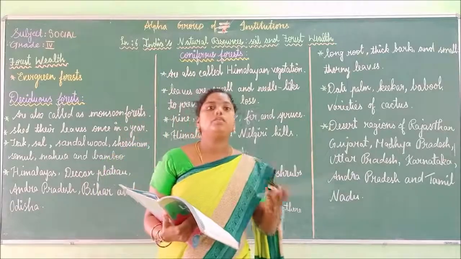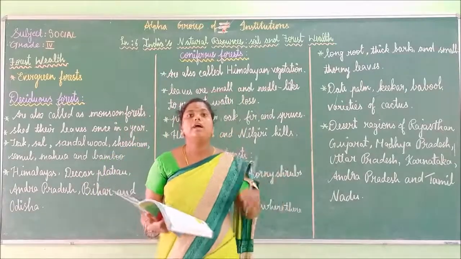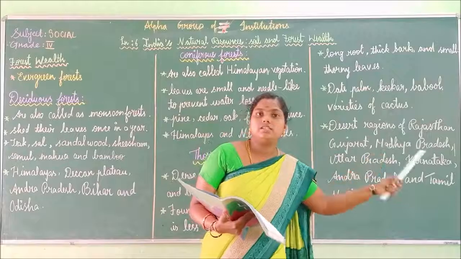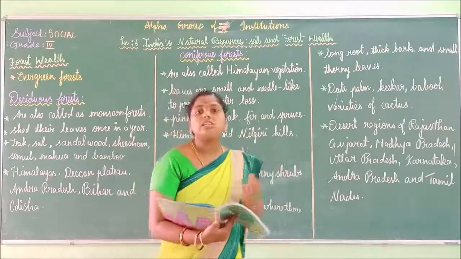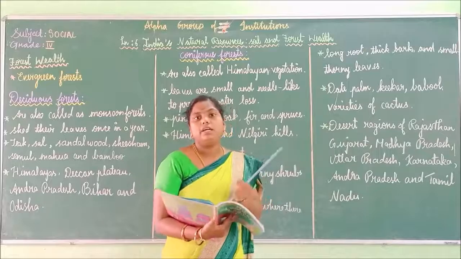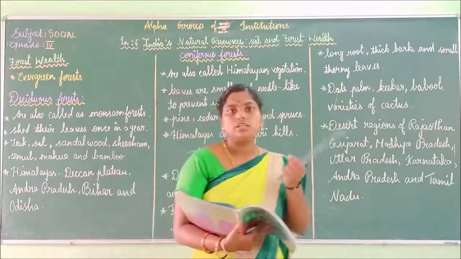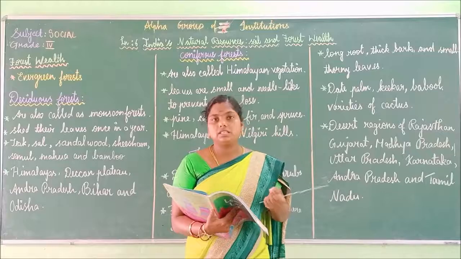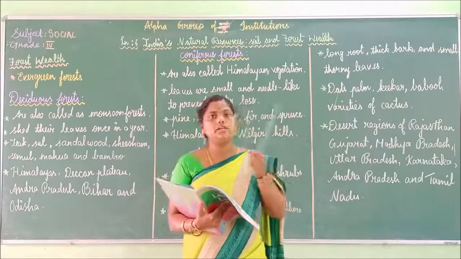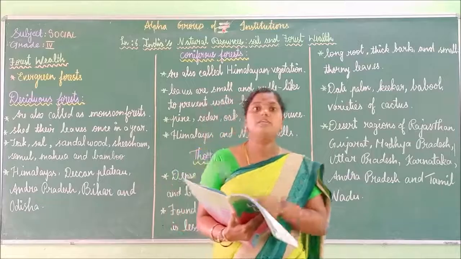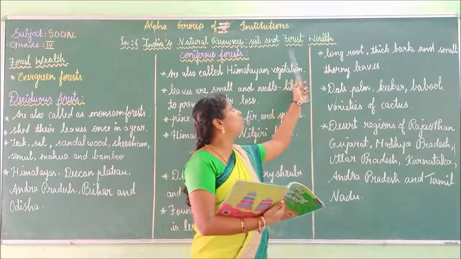We learned where these soils are found and what types of cultivation are done in those places. And then we learned conservation of soil: planting vegetative cover, recycling, using biodegradable things. We learned these things and we started the next one, forest wealth.